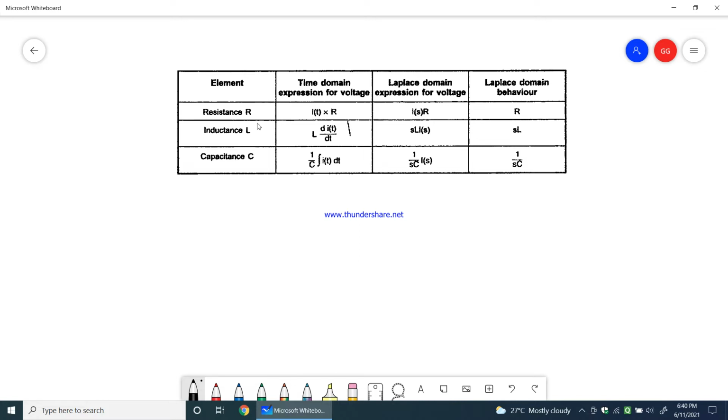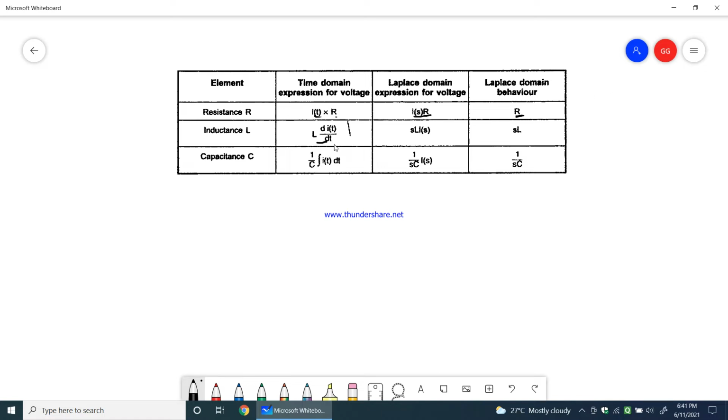Here the resistance R, with voltage i(t) into R, becomes I(s) into R. So the Laplace domain behavior of the resistance remains R only. There is no change in R in the Laplace equivalent circuit. Now for the inductance L, the voltage across the inductor is L into di(t) by dt.